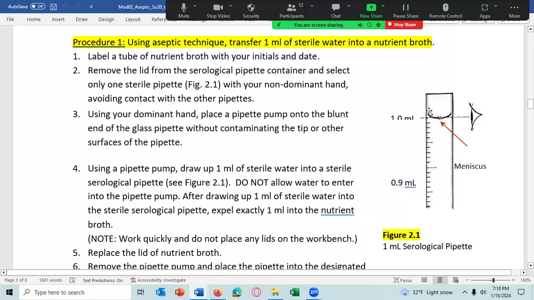It forms a meniscus like that, where it's higher on the edge and lower in the center. How you read the meniscus is from the bottom of the meniscus. You don't read the meniscus in the middle or from the top.